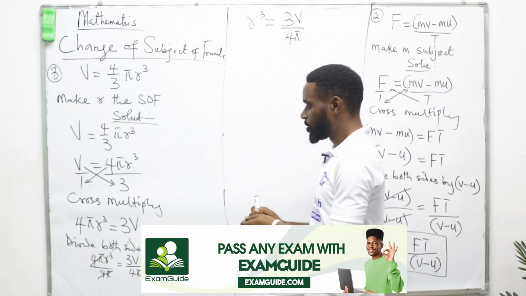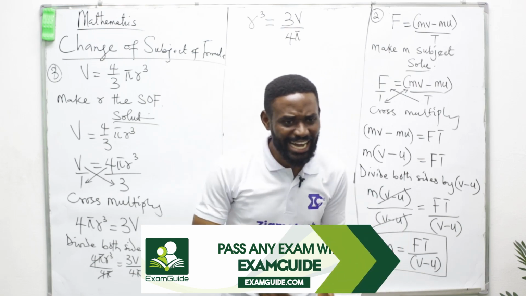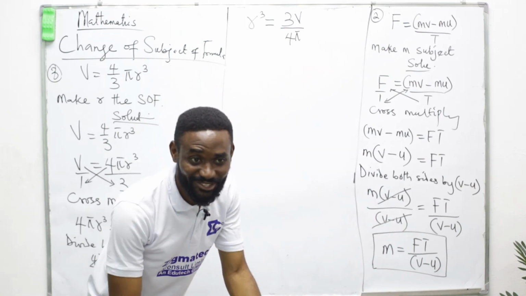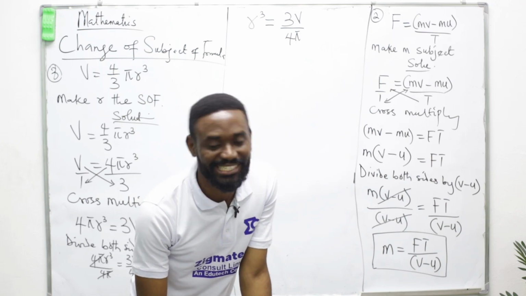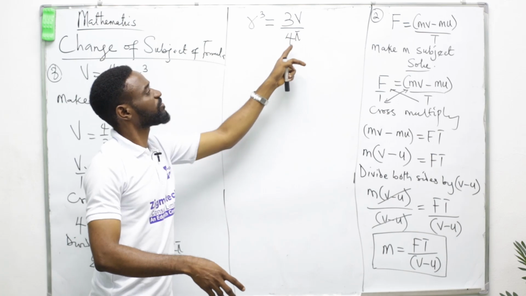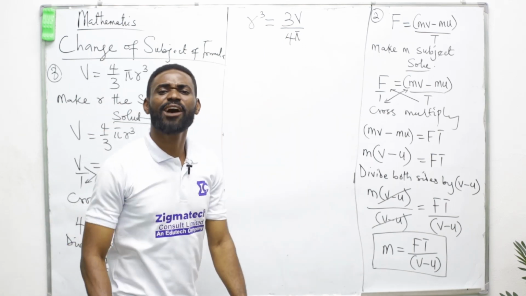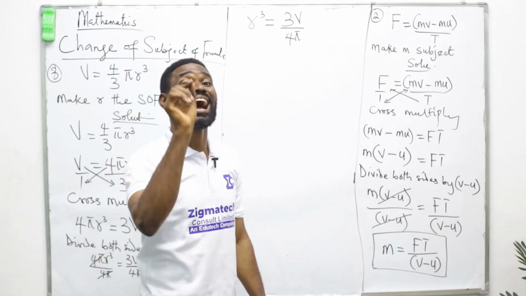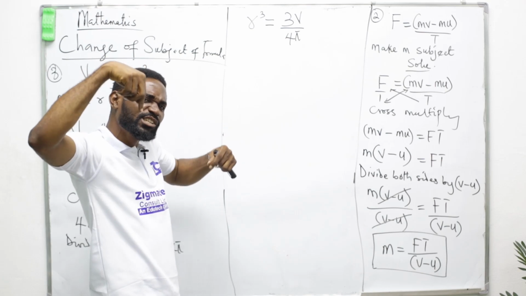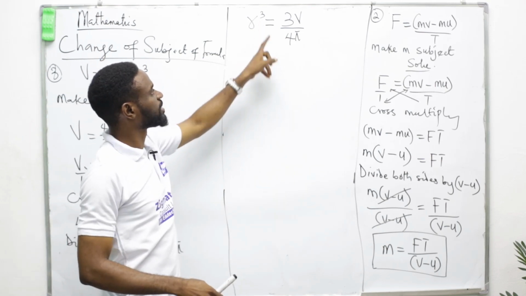Are you with me? If you check your answer options, you will see 3V over 4 pi. They will put it like this so that you mistakenly pick that as the answer. No. If you choose 3V over 4 pi as the answer, you have failed, because they did not ask you to make R cube the subject. They asked you to make R the subject. So you must express R as a quantity on its own, not carrying anything at all.